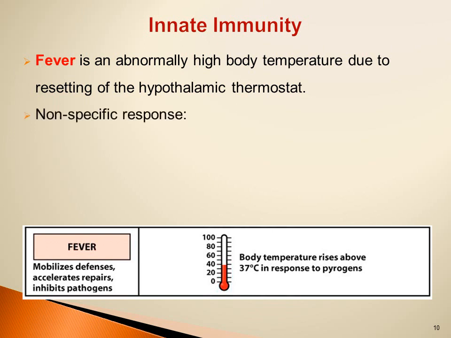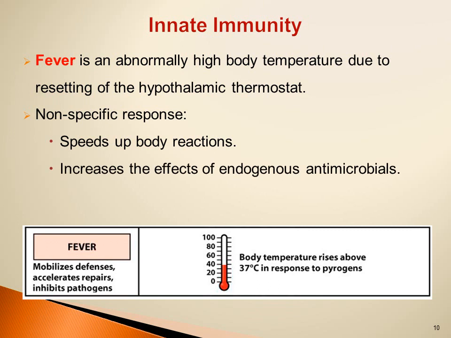It is a non-specific response that speeds up body reactions, increases the effect of endogenous antimicrobials, and sequesters nutrients from microbes. So fever to some extent is a beneficial part of the innate immune response and helps us to overcome the infection or the invasion by the microbe.